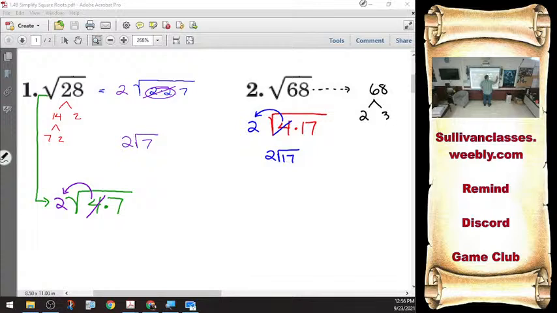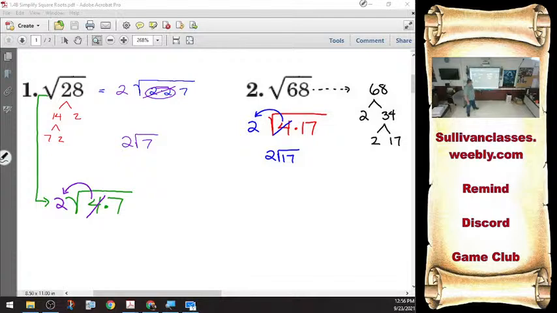2 and 34. We're going to keep going. They both work. What about 34? Divided by 2 is 17. 2 and 17. Can I break up 17?